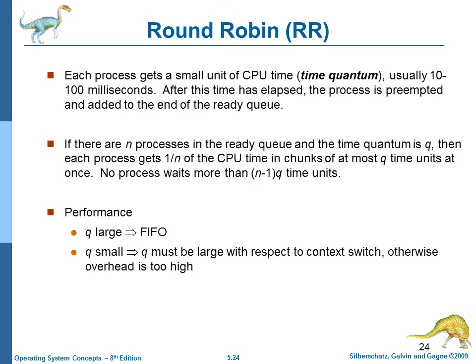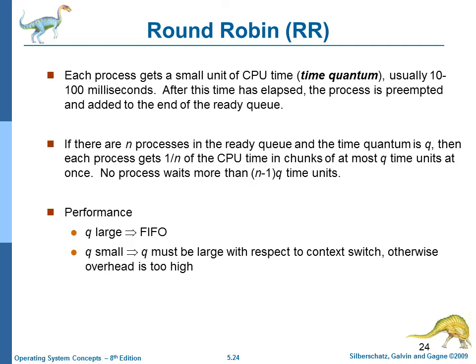If the timer goes off first, then the process is swapped out of the CPU and moved to the back end of the ready queue. The ready queue is maintained as a circular queue, so when all the processes have had a turn, then the scheduler gives the first process another turn, and so on.